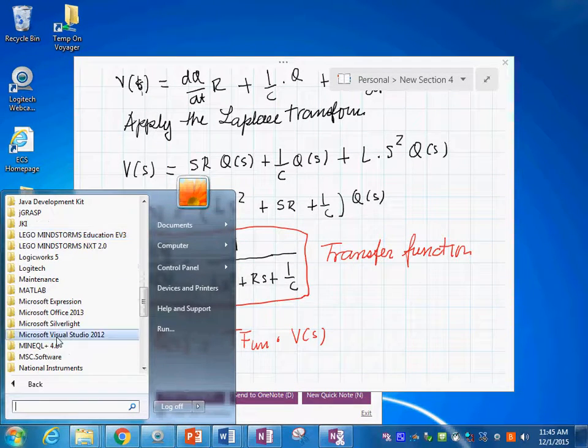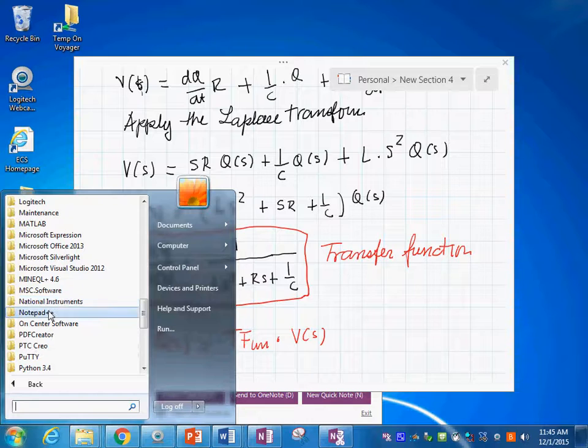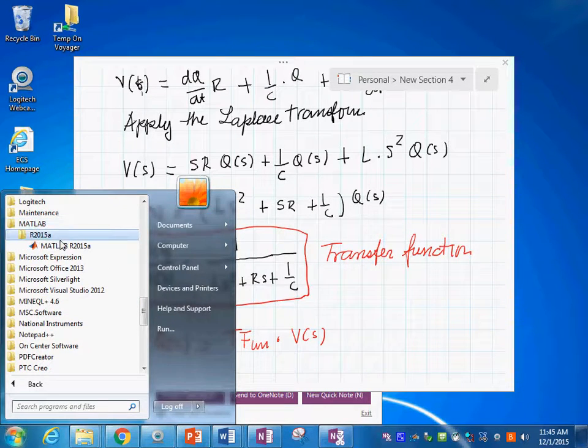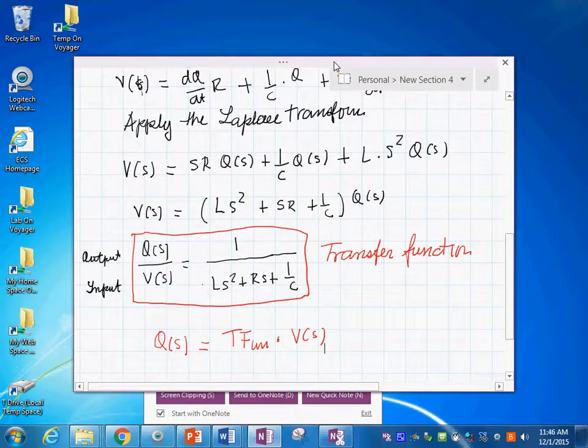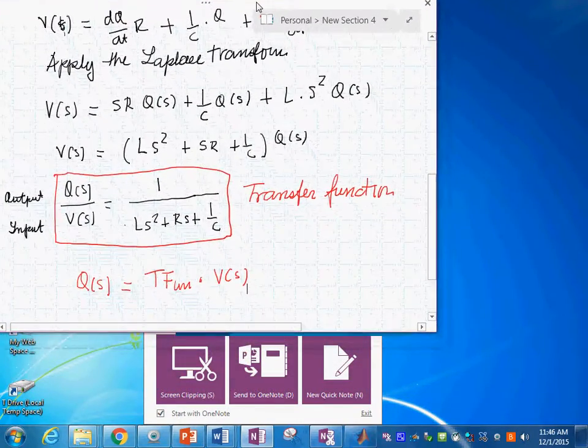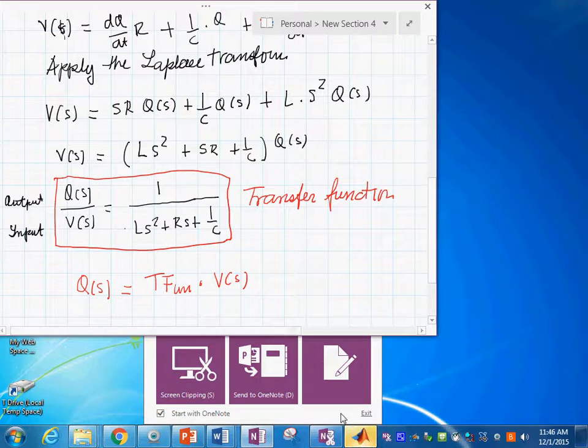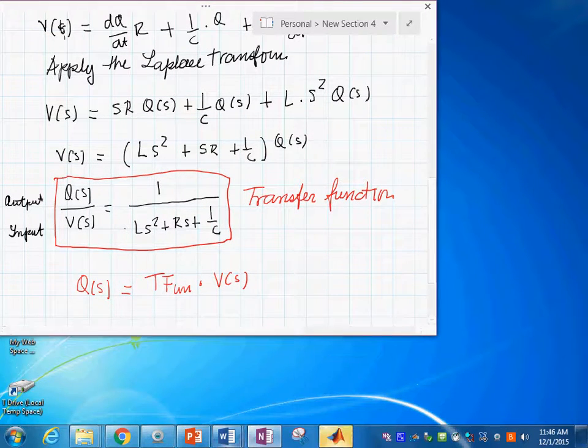I think you will like this, because if we know the transfer function and we know the input, then we should know the output. So we could make a test with an input. We could give it a step input and find out what it does.